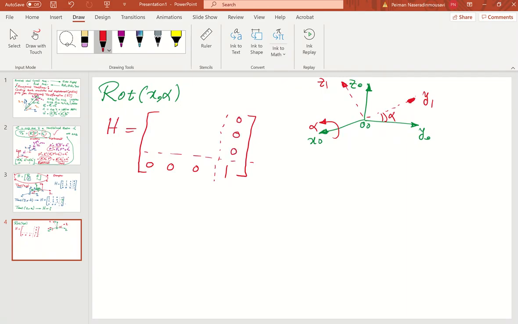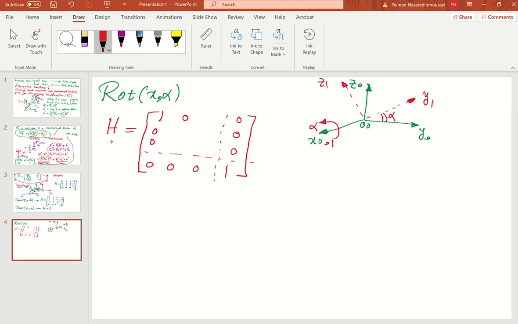Now, this is going to be x1. So x1 with respect to x0 is going to be how much? 1. That's right. x1 with respect to y0 and z0, because it's normal, is going to be 0 and 0. Y1 with respect to x0 is going to be 0.